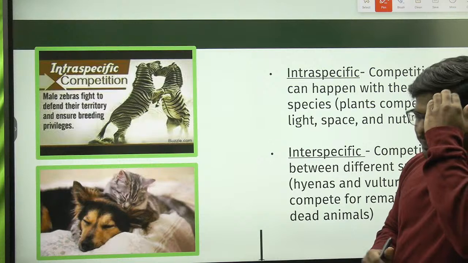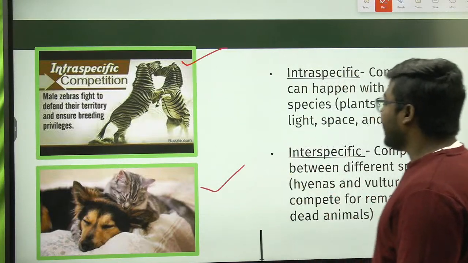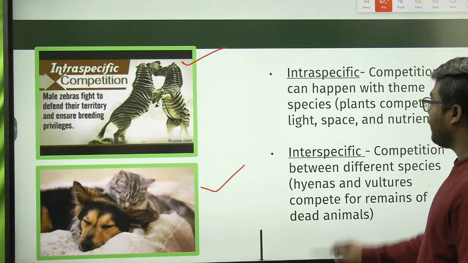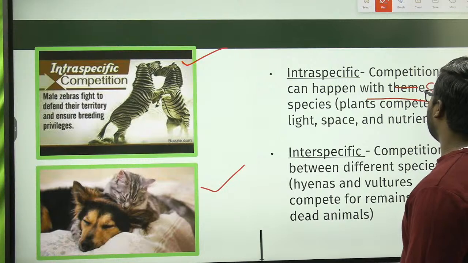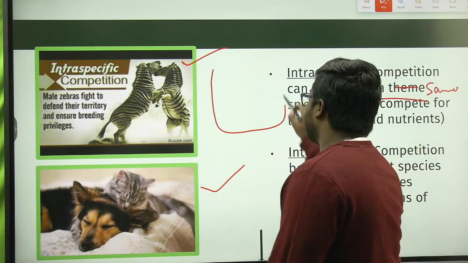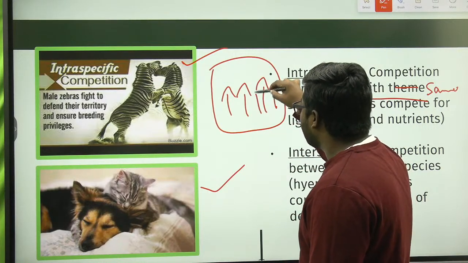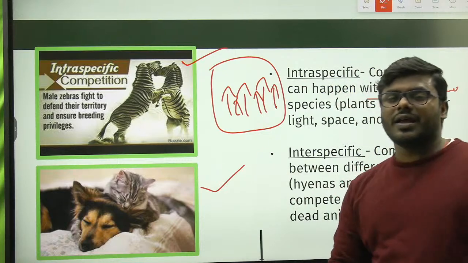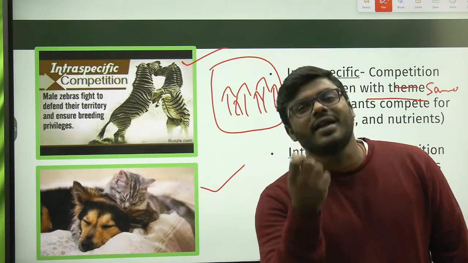As I told you, look into this: intraspecific competition and interspecific competition. Competition can happen within the same species. So you all know, right? Suppose this is an area where many plants are located. In this particular area, the water is very limited, and the nutrients present in the soil are very limited.